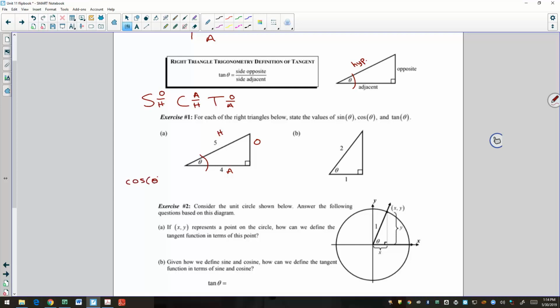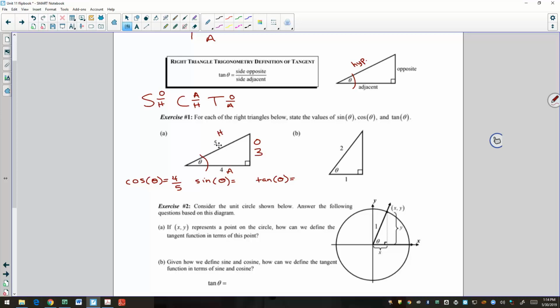The cosine of that angle is the adjacent over the hypotenuse, so that's 4/5. I don't know the sine or the tangent yet, because those both involve the opposite side. If you recognize that 5 is the hypotenuse and 4 is one of the legs, that is a Pythagorean triple, which means the other leg is 3.